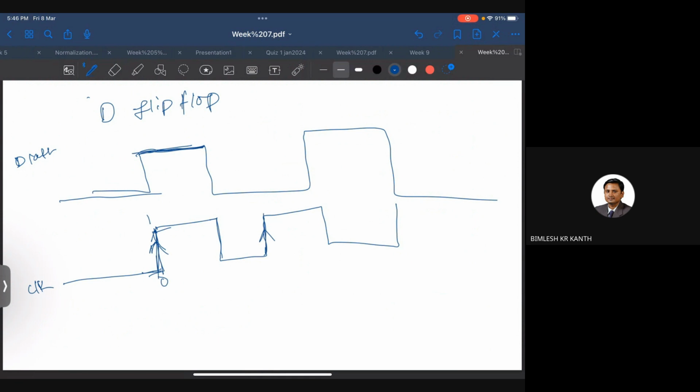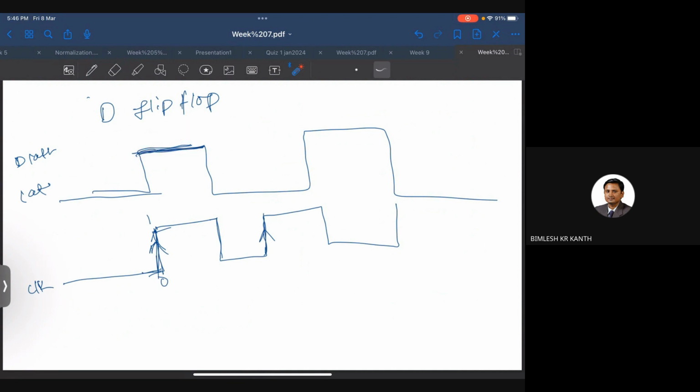What do you mean by level sensitive and edge sensitive? In the latches, the output is changing when W equals 1.